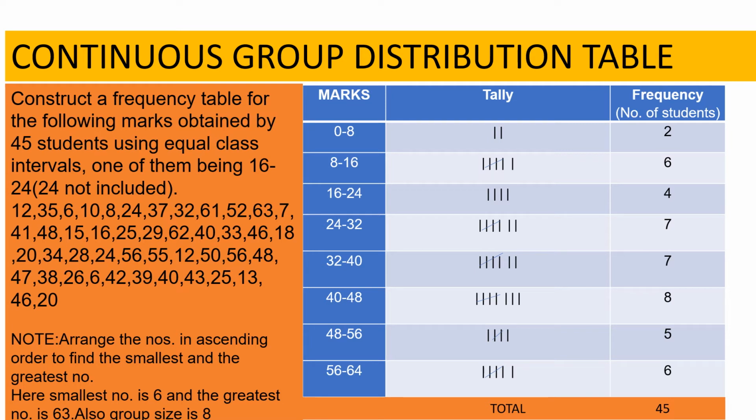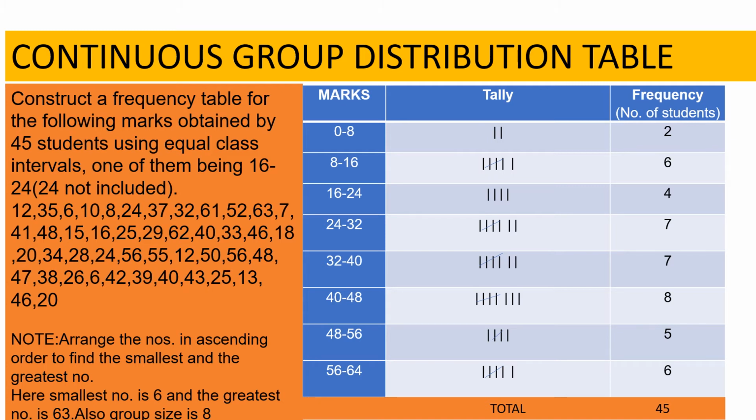Note, here you have to first find the smallest number and the greatest number. The best way is to arrange all the numbers in increasing order, that is, ascending order. Here, the smallest number is 6 and the greatest number is 63. Also the group size is 8 over here.